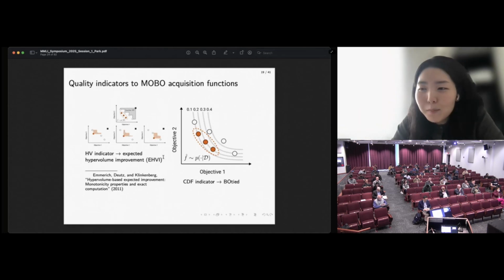I'll skip the details, but basically the HV indicator can be folded into the expected hypervolume improvement acquisition function. Similarly, we can use the CDF indicator to formulate the BOtied acquisition function. We named our acquisition function BOtied because the CDF induces multivariate rankings, and the molecules on the approximate Pareto front are tied in their rankings.